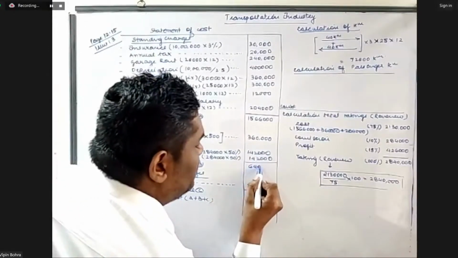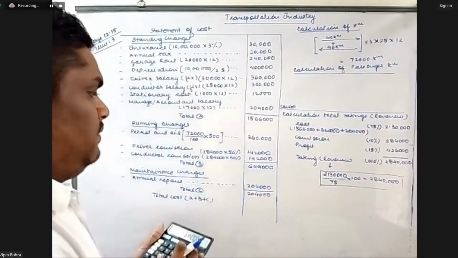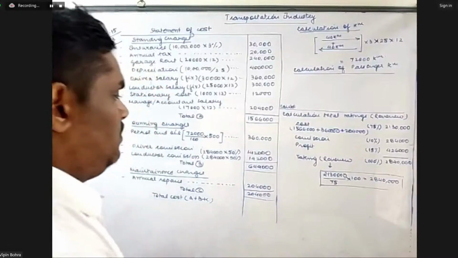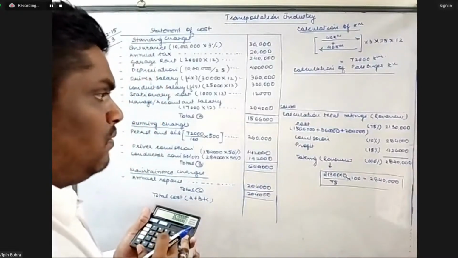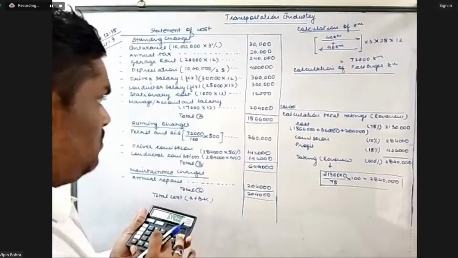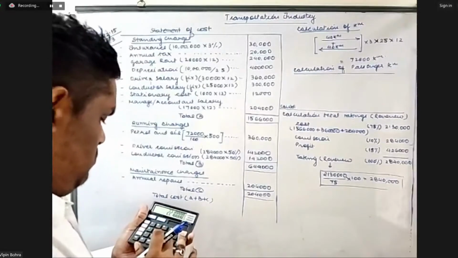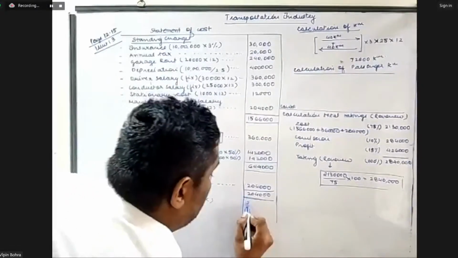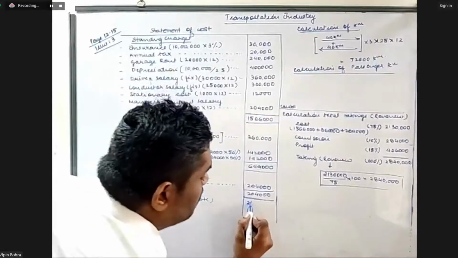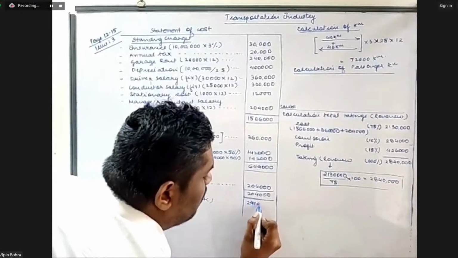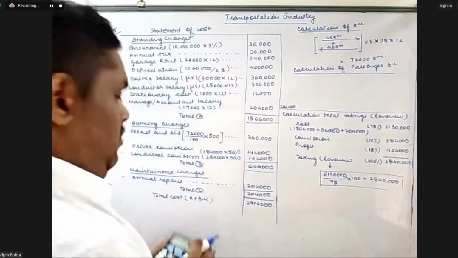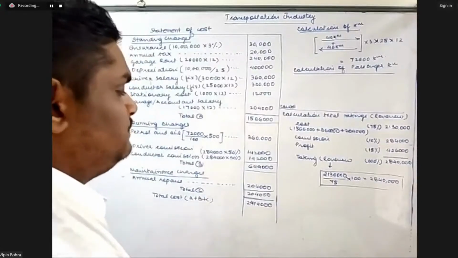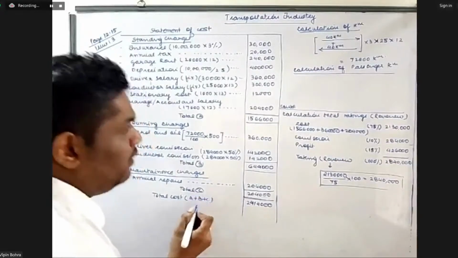This will be 6,44,000. So the total revenue. So this is how the total cost will be calculated.